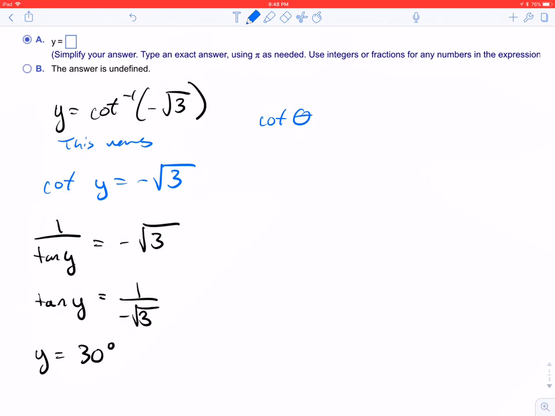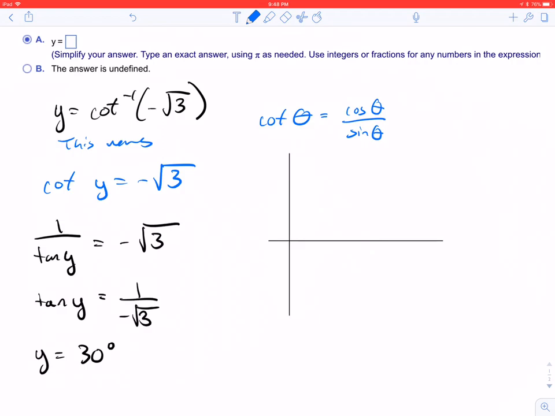when you think of the graph of cotan, let's look at the graph of cotan. Tangent is 0 at the origin, so cotan shifts to the right. Cotan is cosine over sine, so the zeros of cosine are going to be the zeros of cotan, and the zeros of sine are going to be our asymptotes.